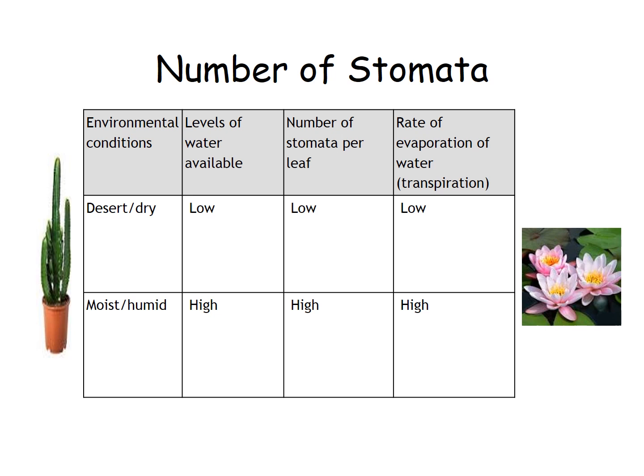So high temperatures, low humidity, and the high wind speed are all factors which should increase evaporation of water, but it's the adaptation of the plant itself, so the plant being able to grow there, that causes the evaporation to be low. Alright, and then in moist, humid conditions, so we know there's lots of water available, which means we want the water to get out because we're taking up too much.